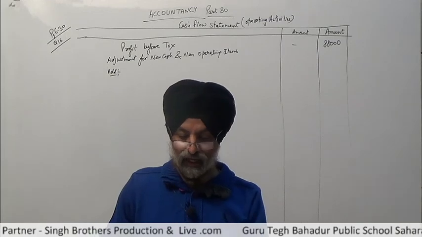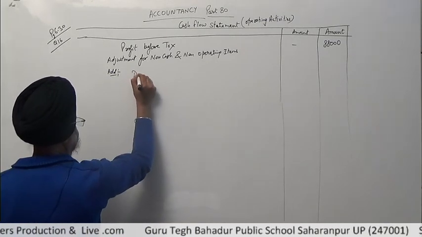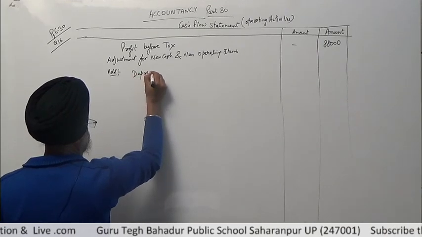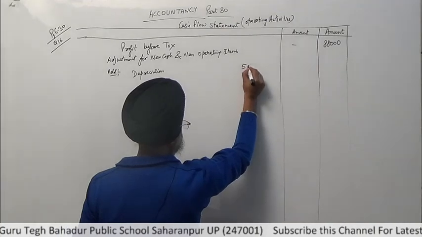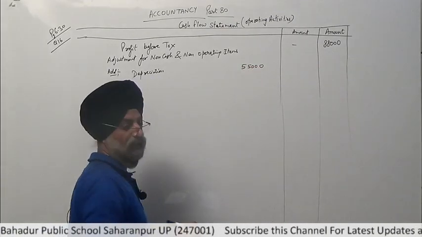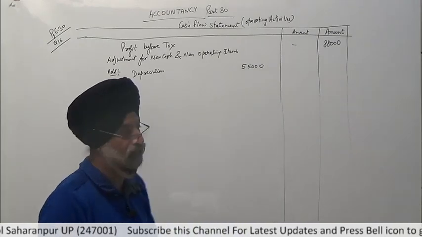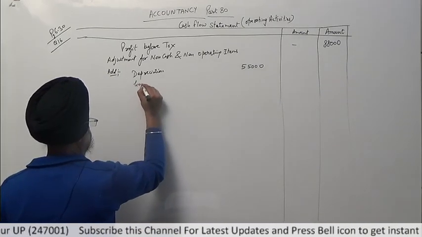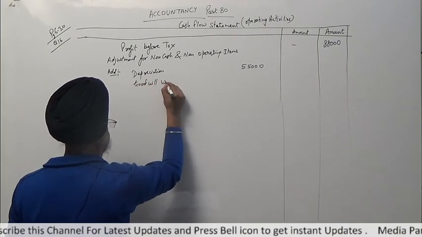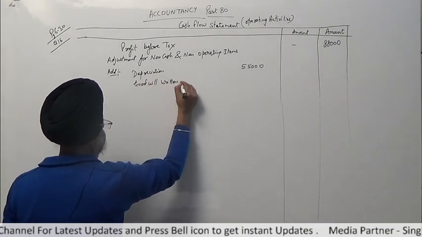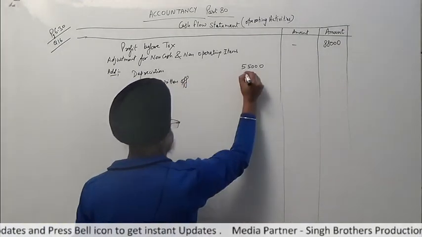This is a non-cash item, so take this depreciation, 55,000. Then goodwill written off is 20,000.